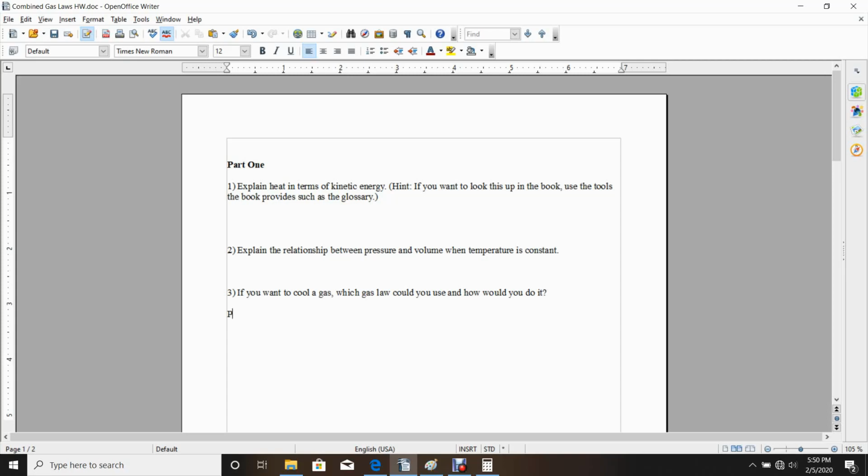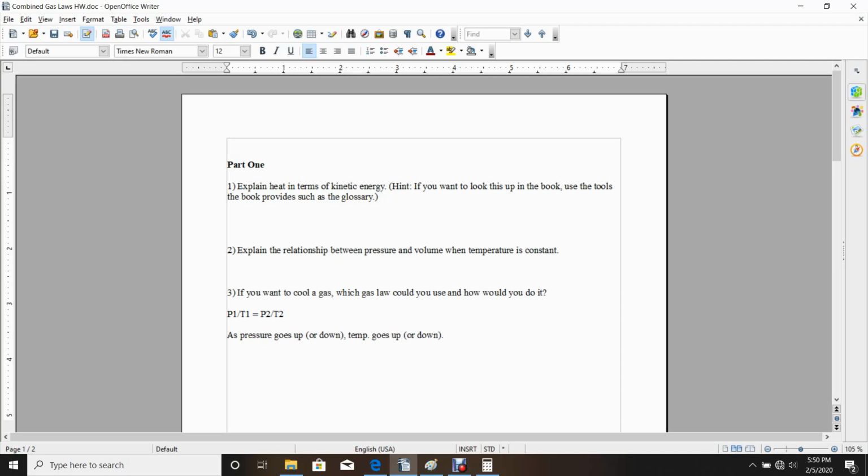Here's one. Pressure 1 over temperature 1 equals pressure 2 over temperature 2. What this means is that there's a direct relationship between pressure and temperature. As pressure goes up or down, temperature goes up or down.